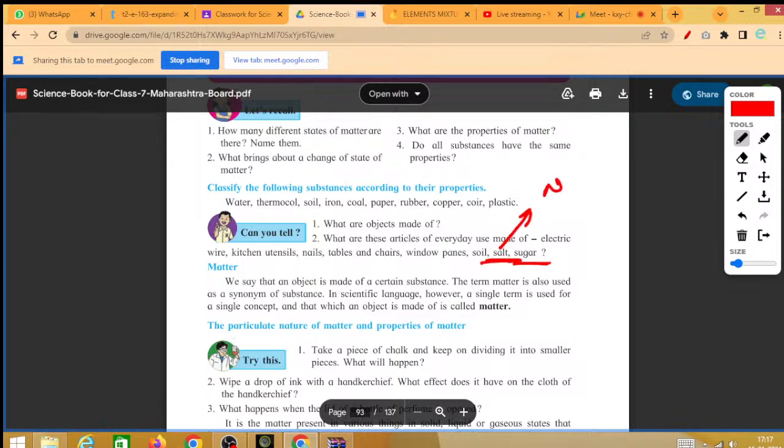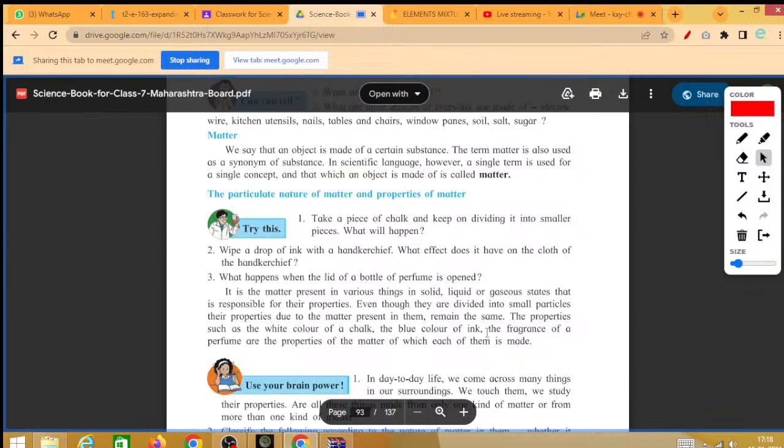Carbon, hydrogen, and oxygen together combine chemically to form sugar. Okay, we'll go a little ahead.